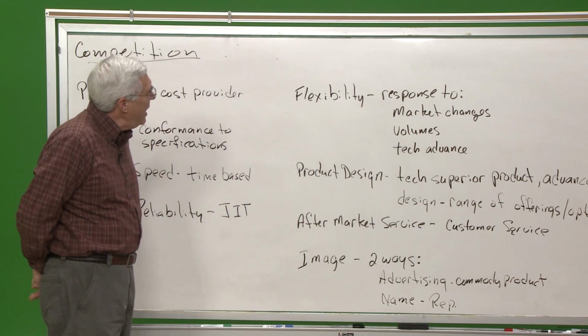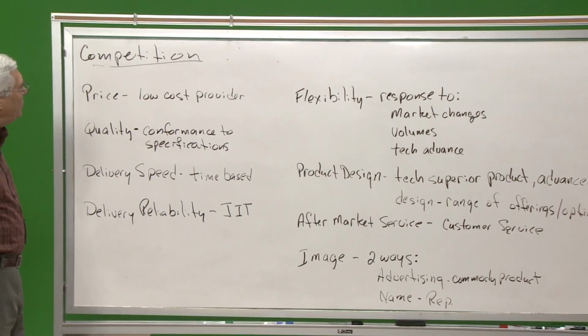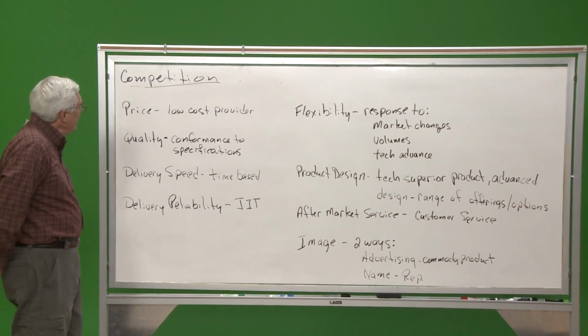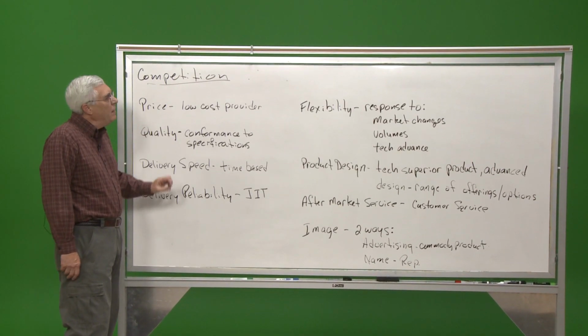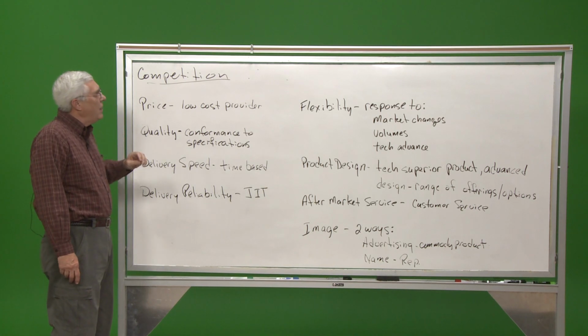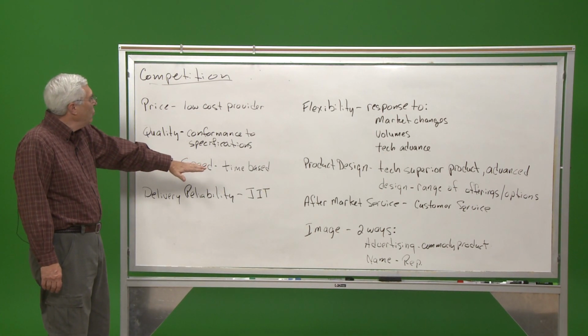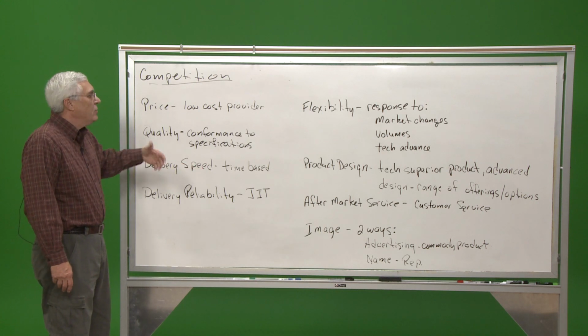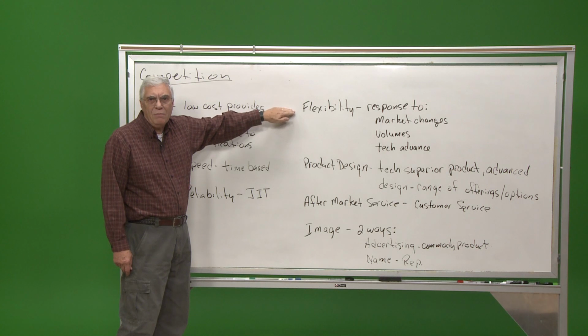So those are the 8 primary ways that are often defined as ways to compete. As I said early on, you have to address all 8 of them. You can't ignore any one. But a good company will come through and say, okay, we're going to hit all 8 of these, but I'll tell you what, the one I'm really going to focus on is going to be, let's say flexibility. Go back to my file cabinet design.